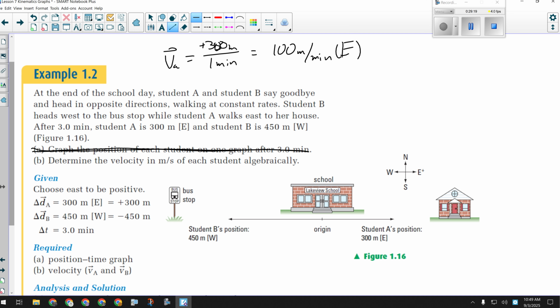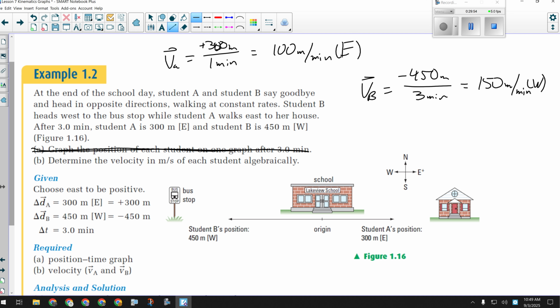And the other person, for student B, that's going to be negative 450 meters because it's west, in the same amount of time, 3 minutes. That should be 150 meters per minute west. If you put it in meters per second, that's fine too. Everybody with me there?